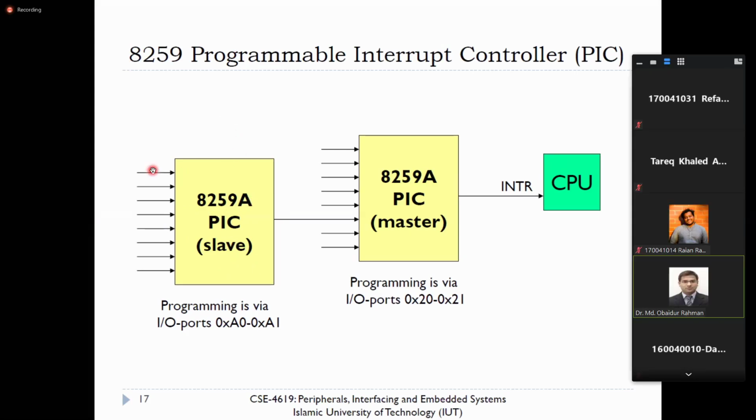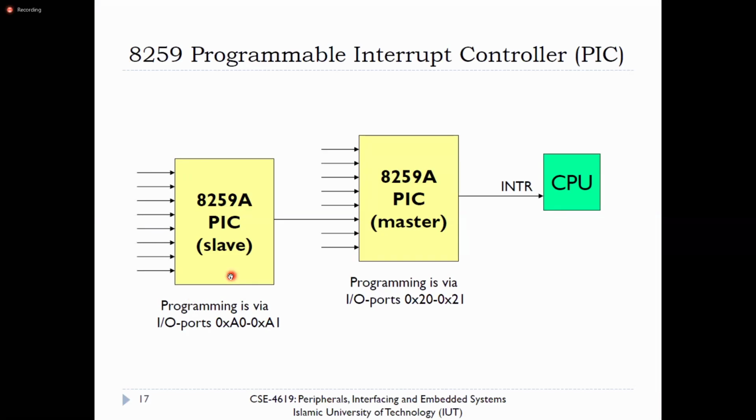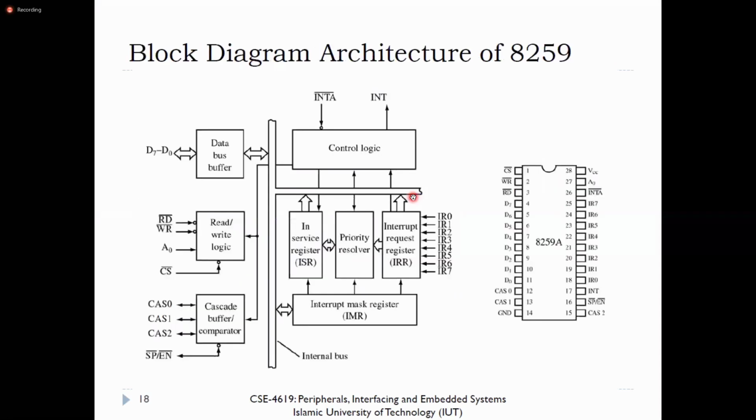Ultimately 8 times 8 means 64 logical interrupt requests can reach the microprocessor. So these are the things we discussed in our earlier class.